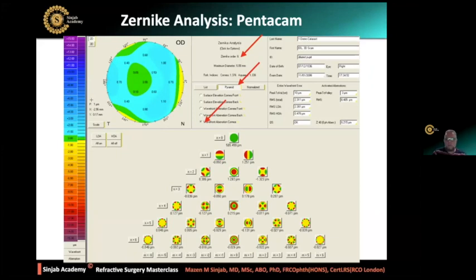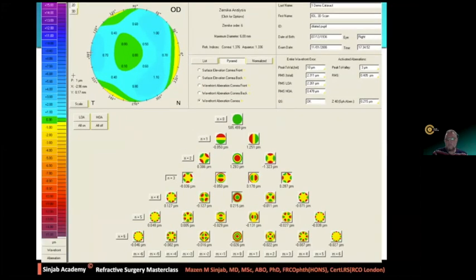No need to study more than this. Okay. After that, we click all of them off, and then we click on only 5, as I told you. The vertical trefoil, the vertical coma, the horizontal coma, the horizontal trefoil, and the spherical aberration.